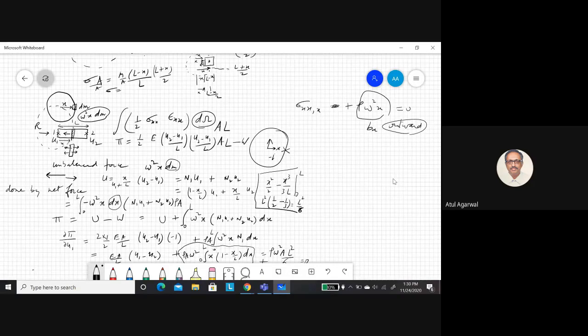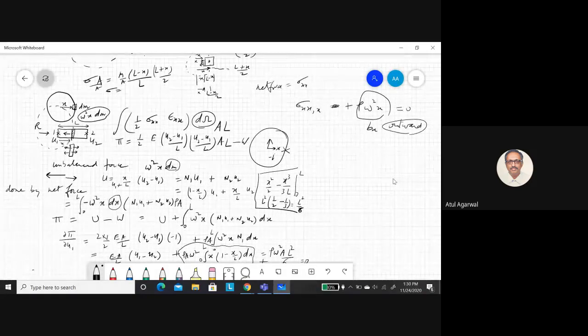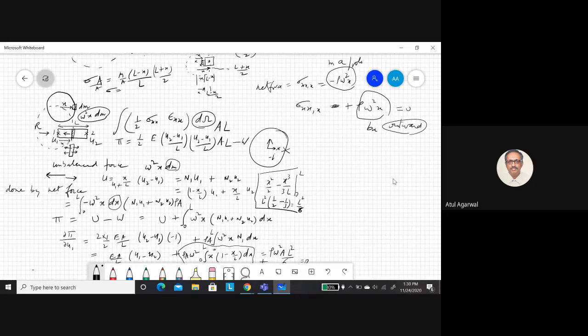So I was saying my net force, sigma xx comma x, is equal to mass into acceleration, and this was minus rho omega square x. So this was my mass into acceleration per unit volume. Okay.